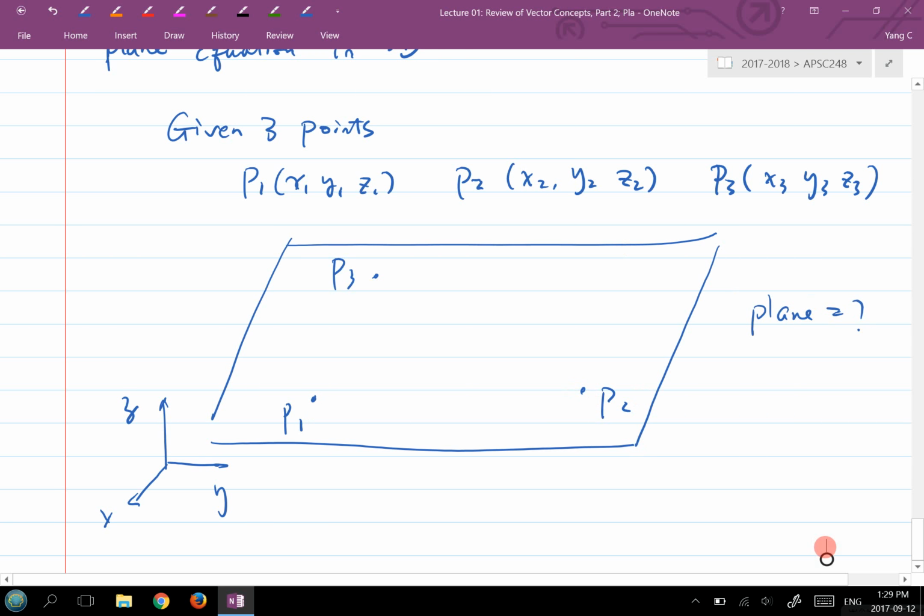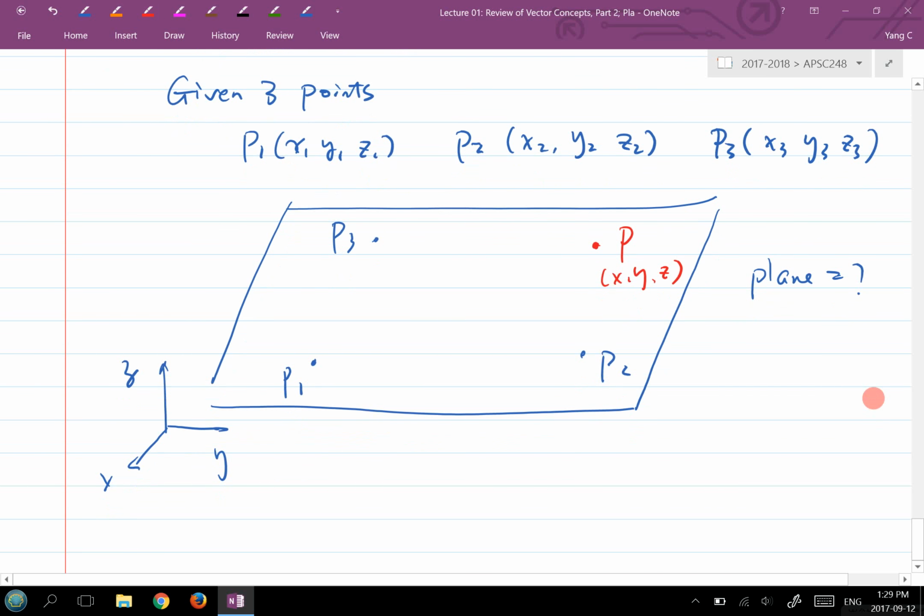Let's suppose that I have another point P on the plane. This point P has coordinates x, y, z. We want an expression to describe this location x, y, z, and of course subject to the condition P1, P2, P3 that forms the plane, right?